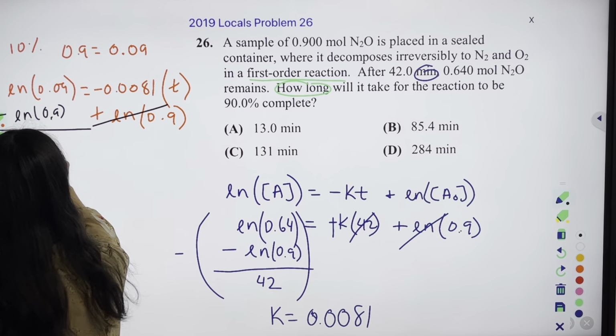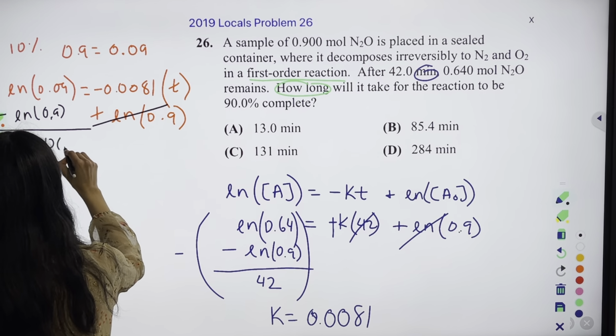Let's just divide that by 0.0081, and then we'll see what we get. And don't forget the negative sign here. Okay, so we're gonna get t, right, once we solve that.